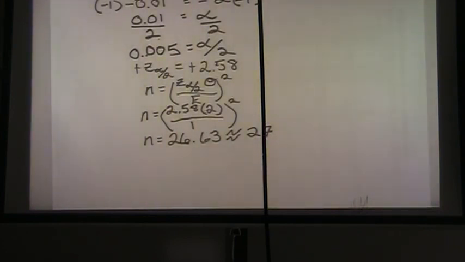So therefore, we would want 27 samples in this case to get an accurate reading where we know that the error is 1 or less.